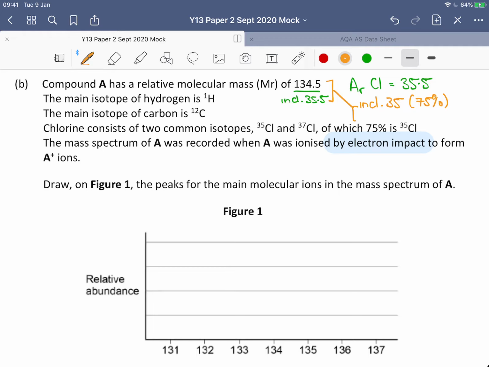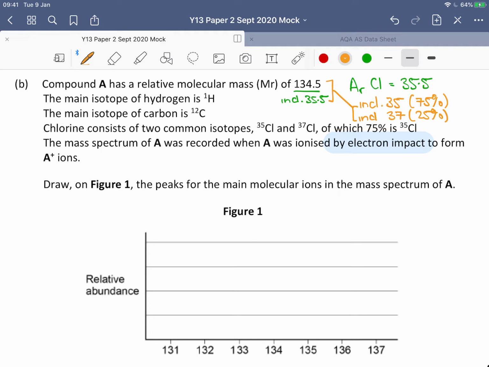Then there are other molecules that include chlorine-37, and that's 25% of them. If we took all the molecules of compound A and averaged them, it would be 134.5. But individually, 3/4 have chlorine-35 and 1/4 have chlorine-37. When added up, they average to 35.5, but none of them actually have chlorine 35.5.